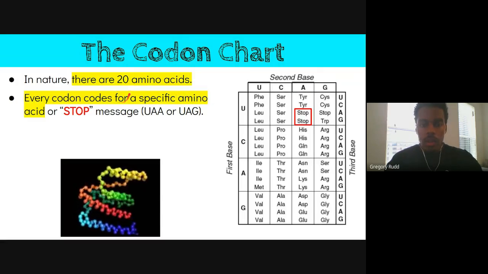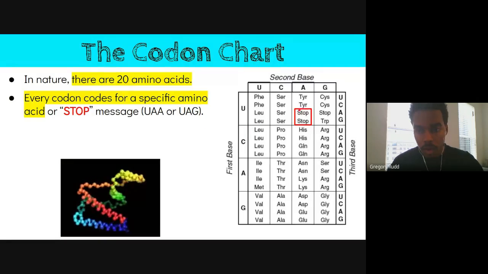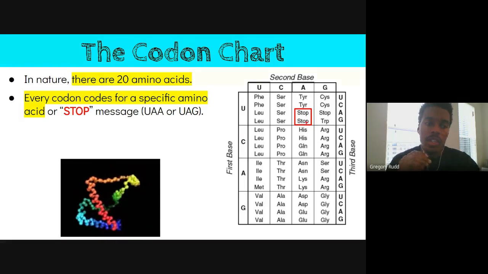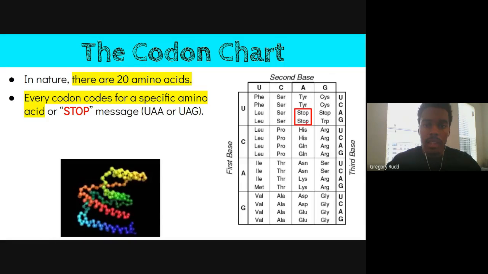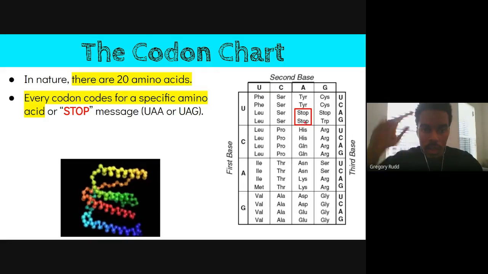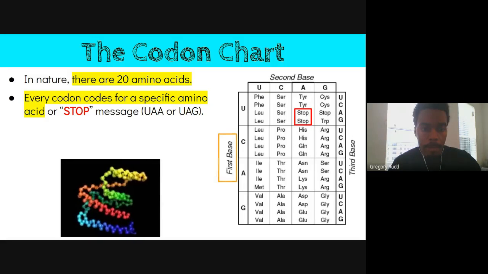So the codons will either tell you which amino acid you're going to get, or they code for a stop message, which tells the ribosome to stop translating. That stop message is either UAA or UAG. Those are the codons that code for that stop. We'll talk more about that.